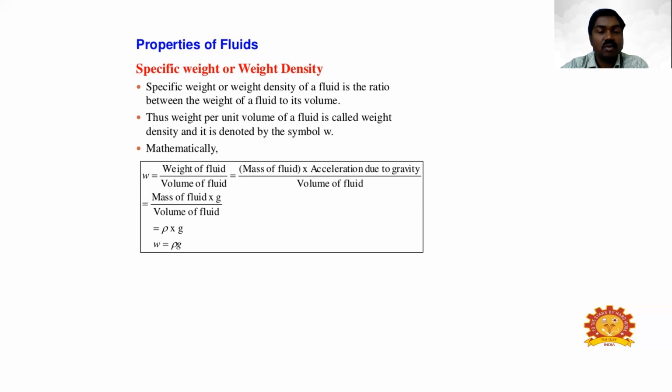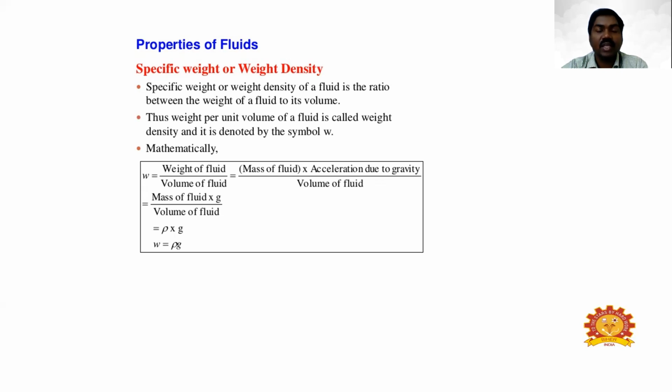So weight density equals the weight of the fluid divided by the volume of fluid. The weight of the fluid is the mass of the fluid times the acceleration due to gravity, so gravity is very important here.